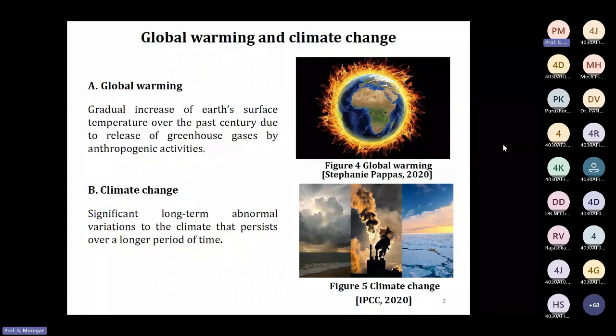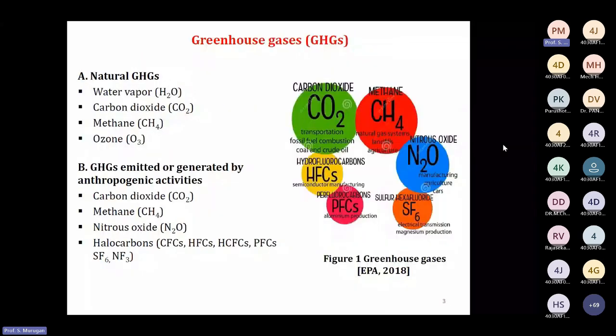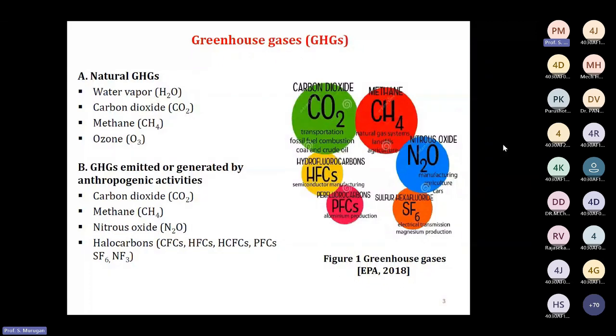We all know that there are different greenhouse gases, what we call GHG. Greenhouse gases can be given in two forms. One is natural greenhouse gases, which consist of water vapor, carbon dioxide, methane, and ozone.